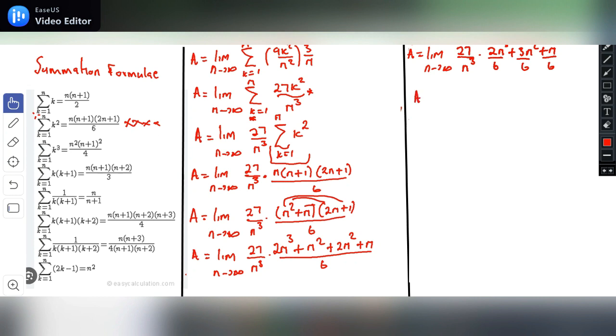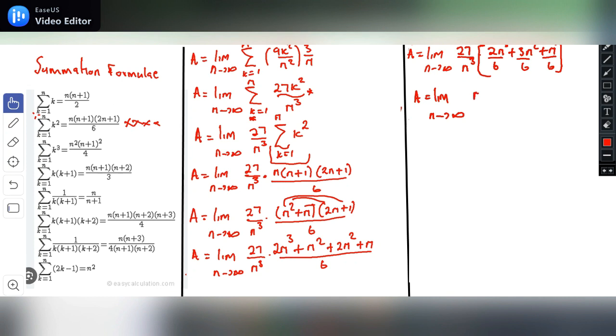Then now our A equals the limit, you can use a bracket here so that you don't get confused, as n approaches infinity, right? And now 2 over 6 is 1 over 3, right?